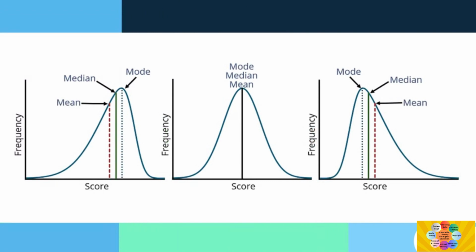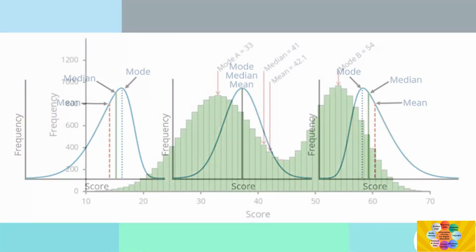Notice here that negative skew pulls the mean value toward the lower values at the left end of the distribution. With positive skew, the mean is pulled toward the larger values at the right end. In both cases, the median marks the midpoint and the mode marks the peak. Skew affects the mean the most, relative to a symmetric distribution like the one shown in the middle.